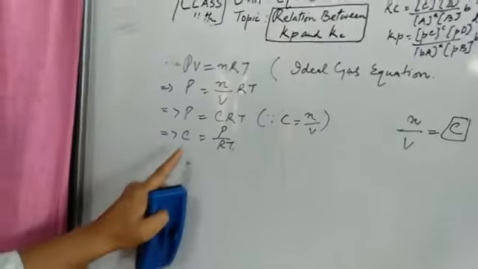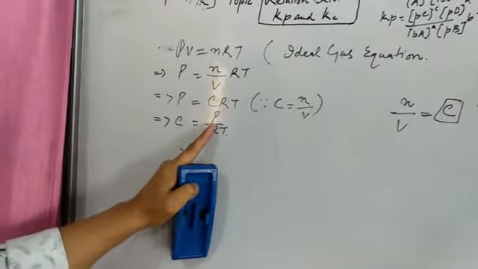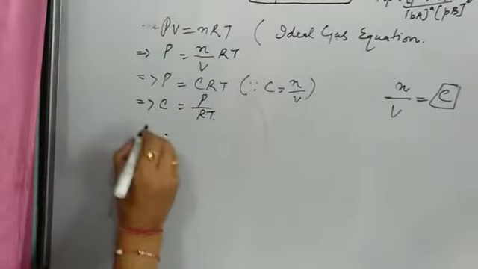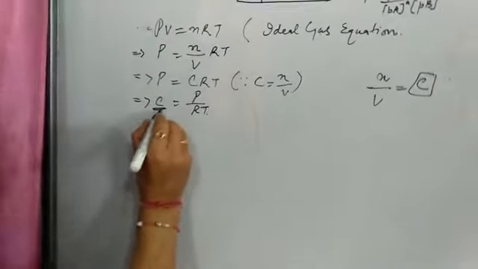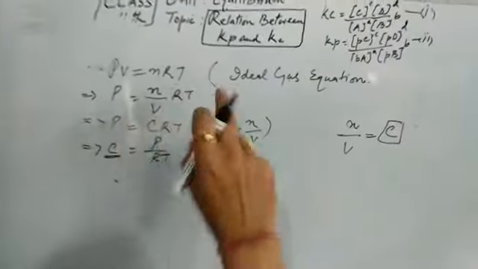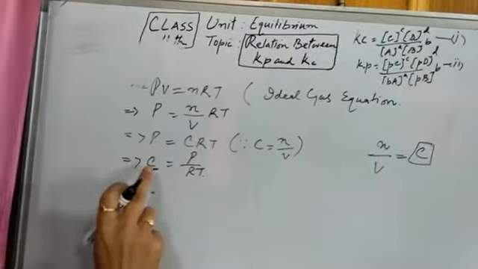So C means concentration. It is given by P upon RT. Now we can find the concentration of reactants A, B, then products C and D applying this formula.